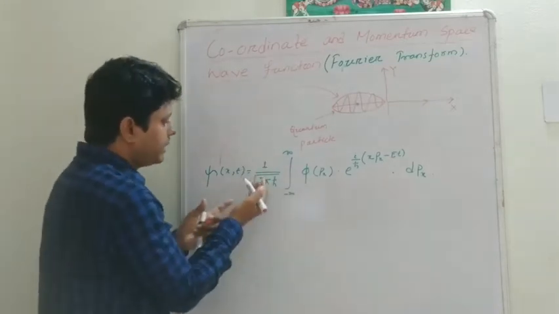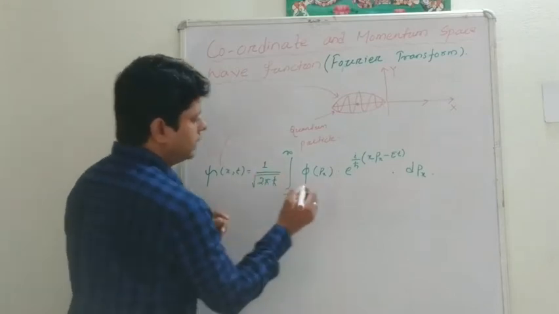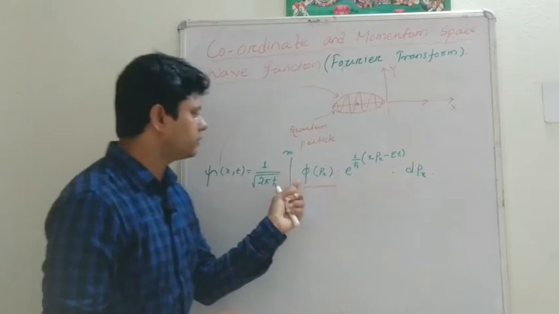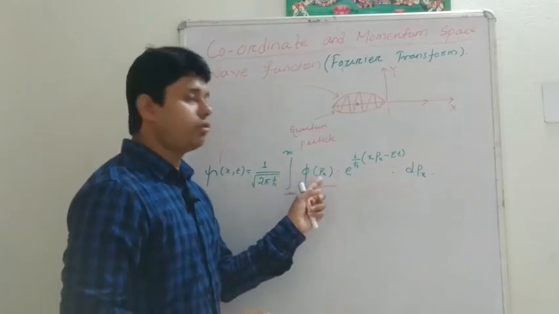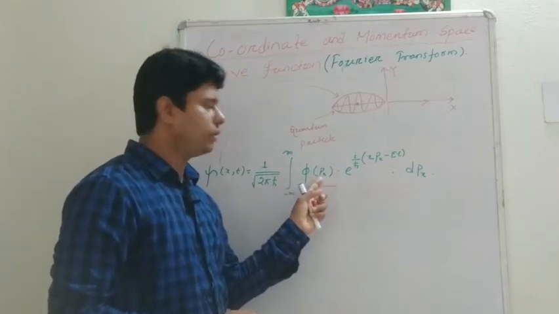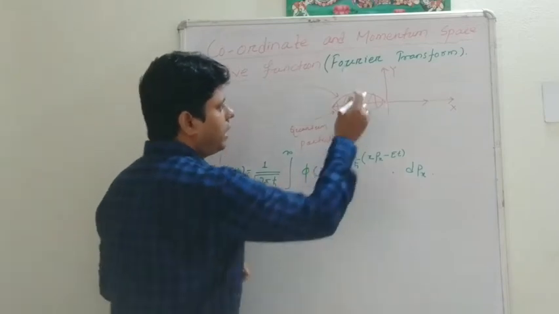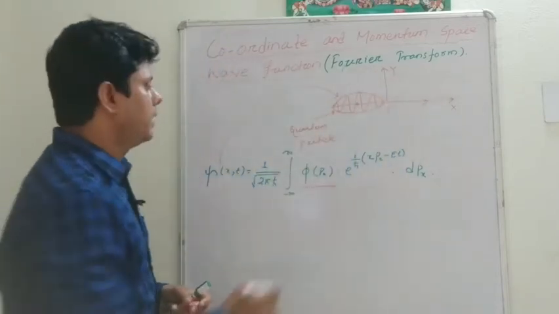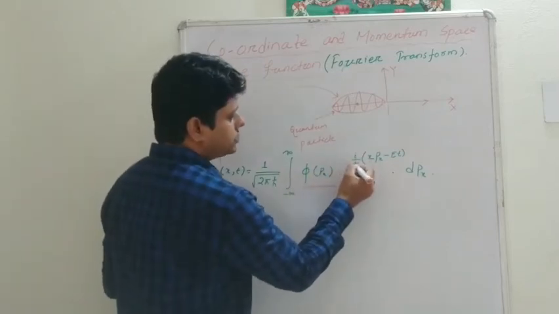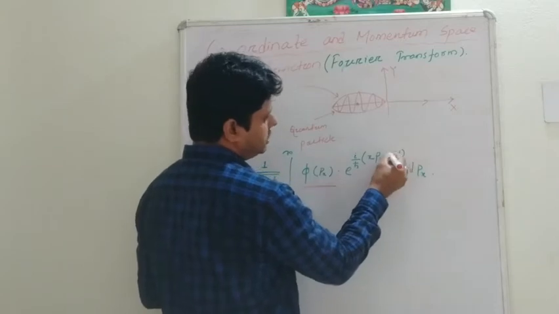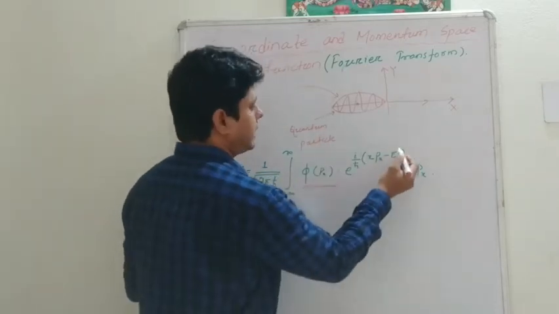Here 1 by root 2 pi h cross is a constant value. Here phi(px) is another function, which is a function of momentum. Px means momentum along the x axis, right? Into e to the power i by h cross into x px minus Et, where E means total energy, and t is time.